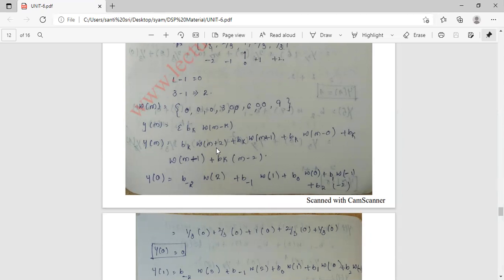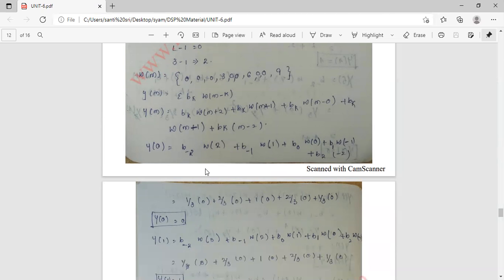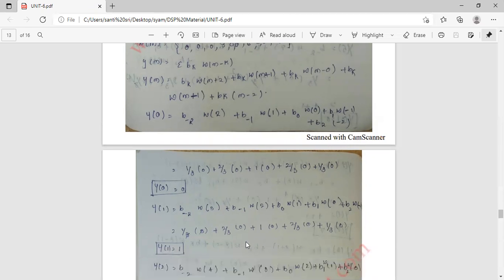Next, replace m by 1. Same values, replace m by 1. So it will become w of 3, w of 2, w of 1, w of 0, w of minus 1. So substitute these values, so that we will get y of 1 is 1. Next, replace m by 2, so that it will become w of 4, w of 3, w of 2, w of 1, w of 0.